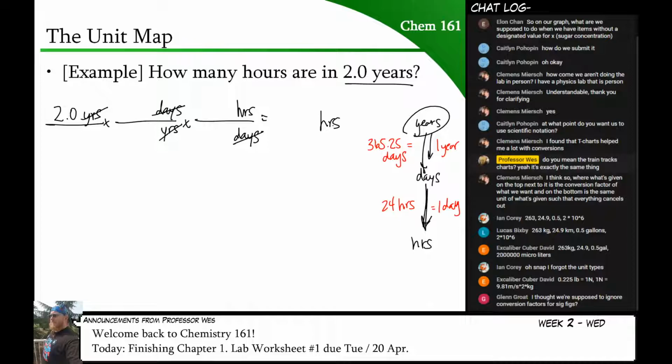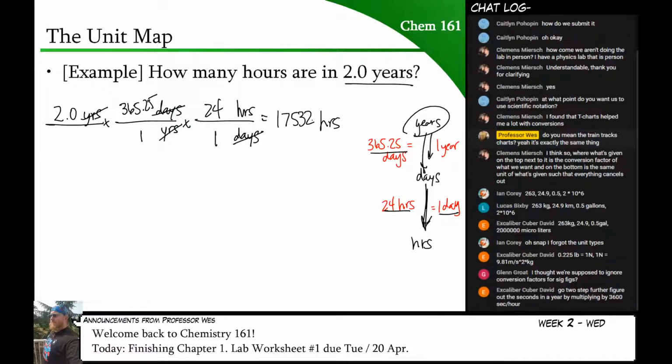Okay, now we've done all the units, let's do the numbers. There are this many days in a year. And there are this many hours in a day. Everything is all set up. We can now punch it in the calculator. And I got that many hours.